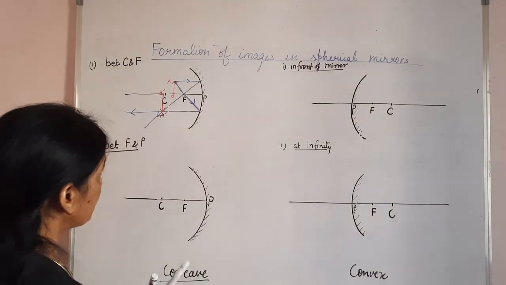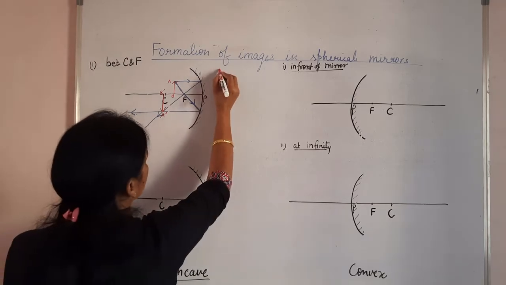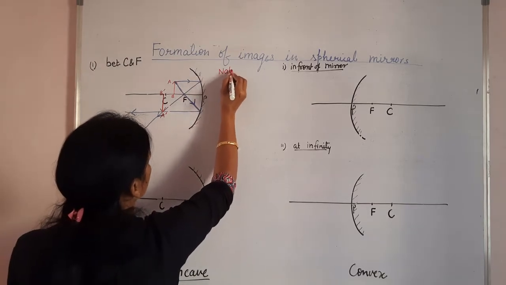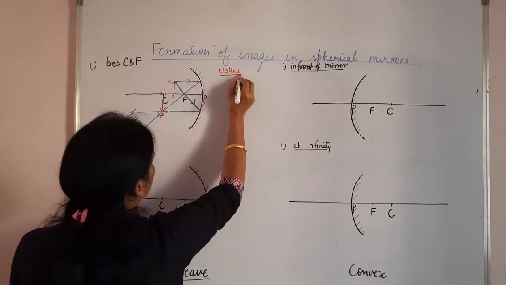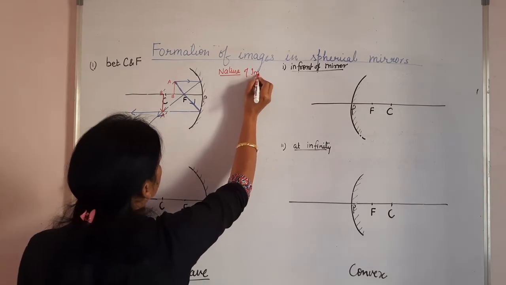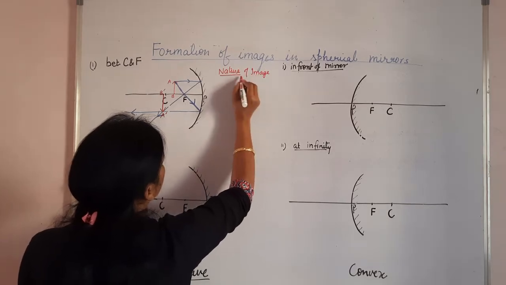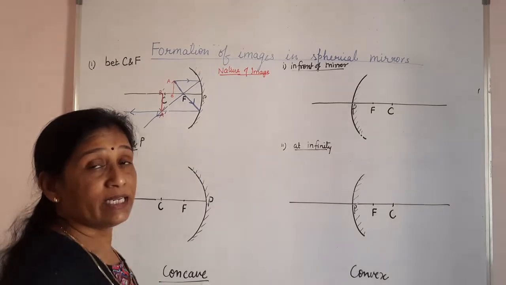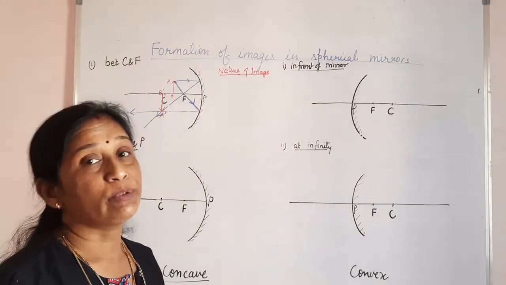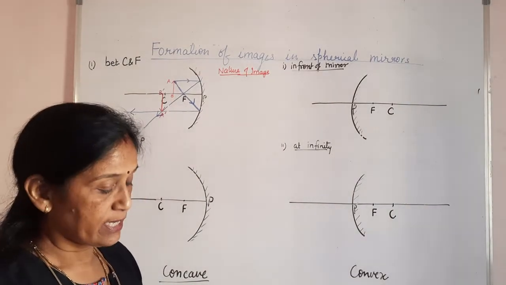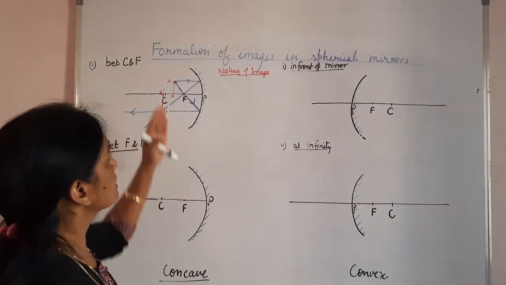Now let's see the nature of the image. When we say nature of image, we have to say whether it is real or virtual. And we know that an image which can be obtained on a screen is real.